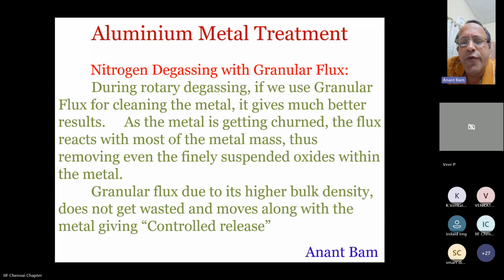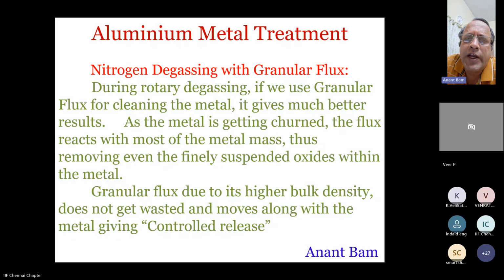If we use powder fluxes, then powder fluxes lose their effect within maybe 3 to 5 minutes. And so for the later 5 to 10 minutes, whatever the time of our degassing is, the liquid metal is exposed to ambient air.